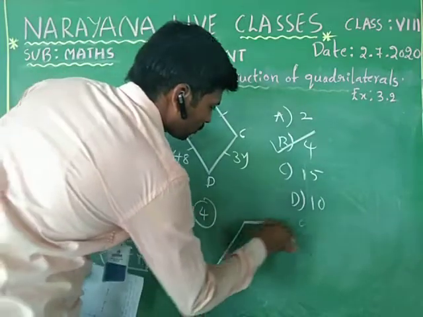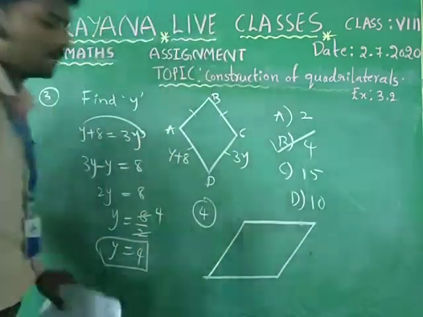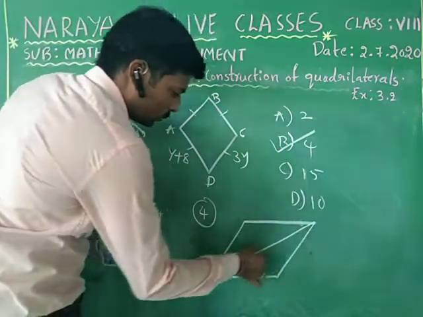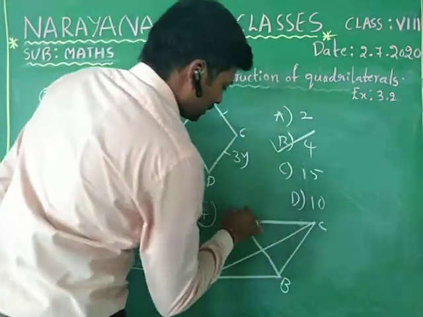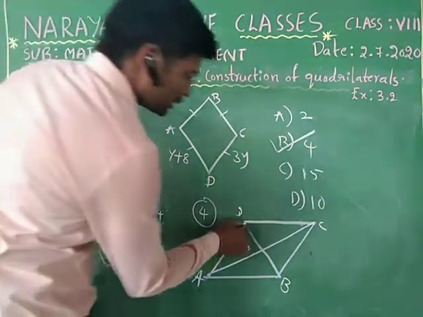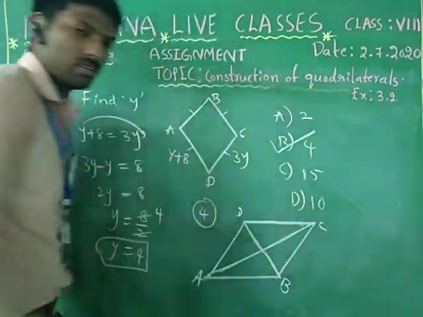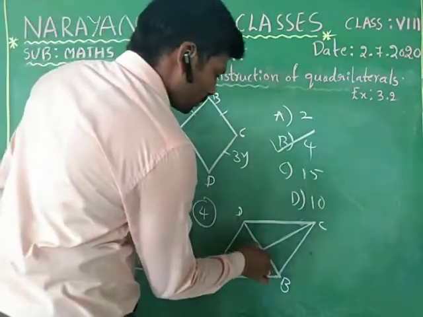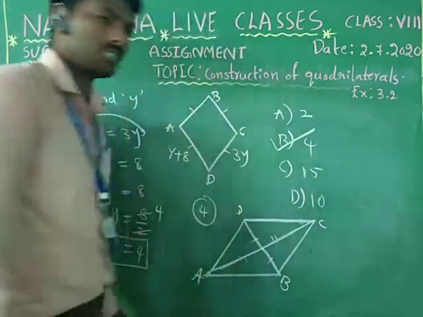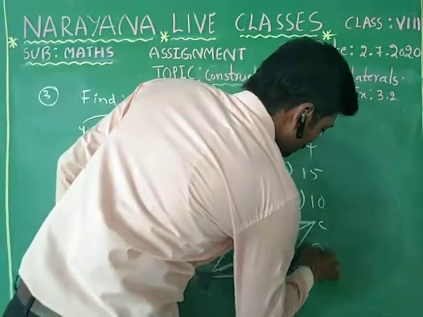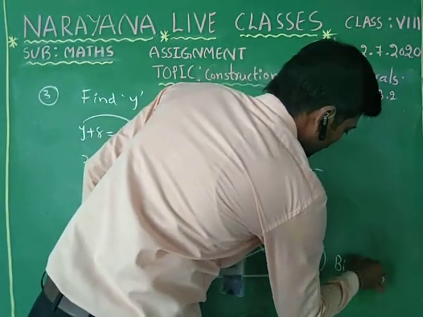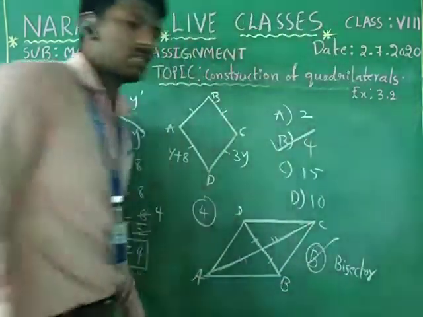So this is a parallelogram ABCD, and we can draw two diagonals. These diagonals are not perpendicular, but they bisect each other. So let's go for option B. The two diagonals are bisectors, so option B is the right option.